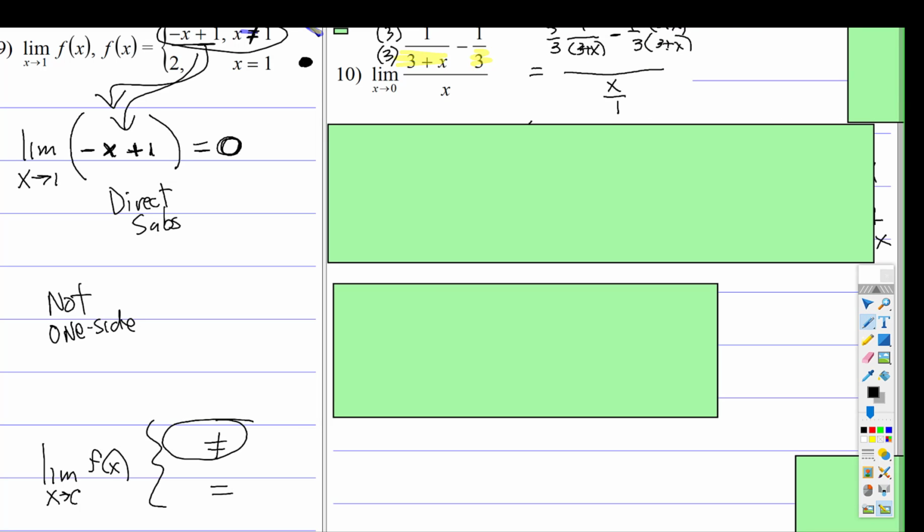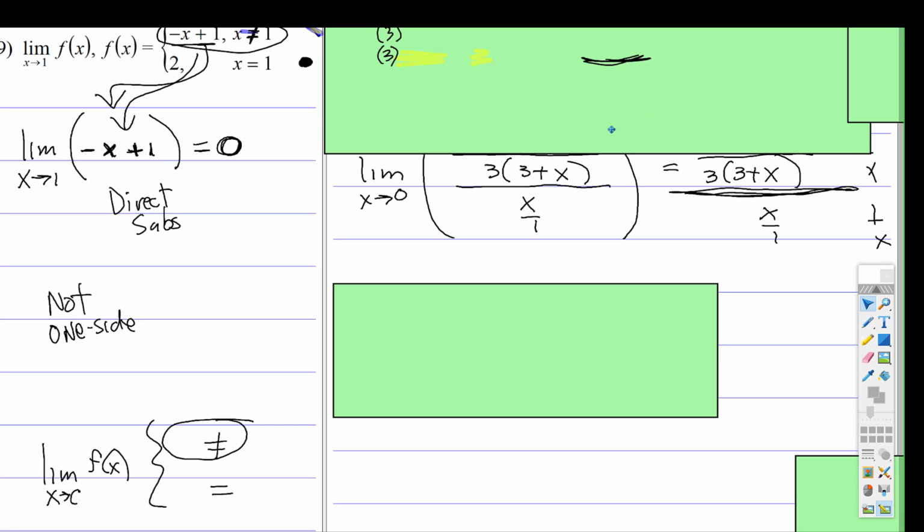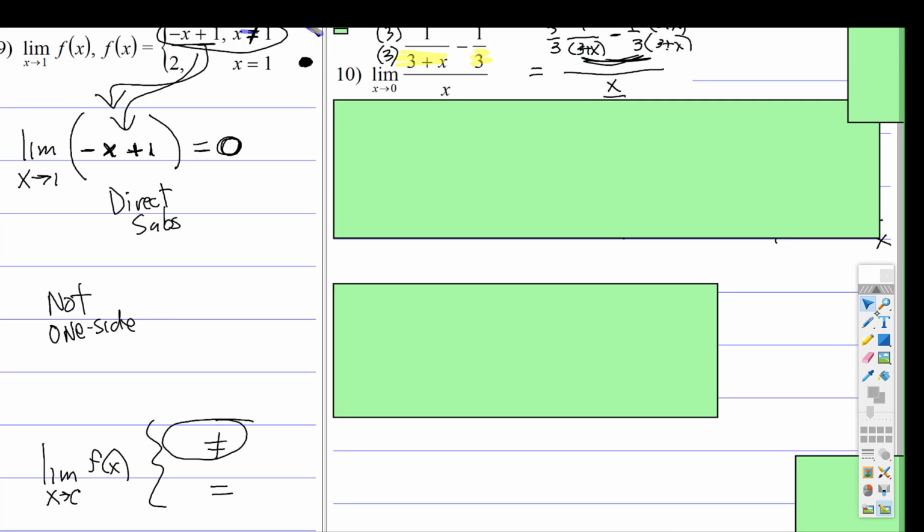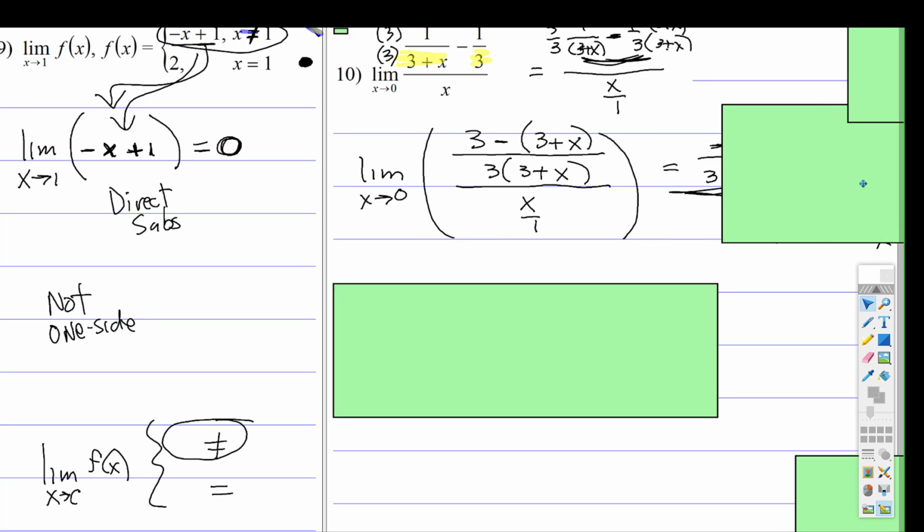And then notice, these two now are going to share the same denominator, 3 times 3 plus x. Up there, 3 times 1 is 3, and then we're going to subtract this whole thing, which is what I did right there.